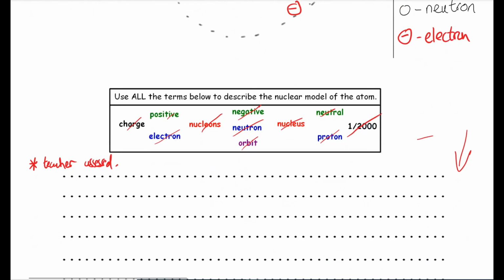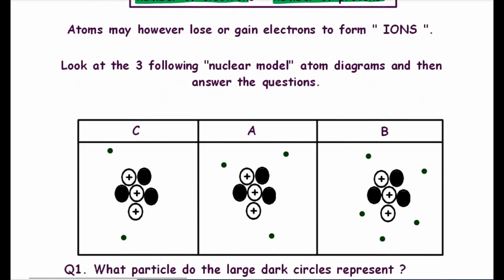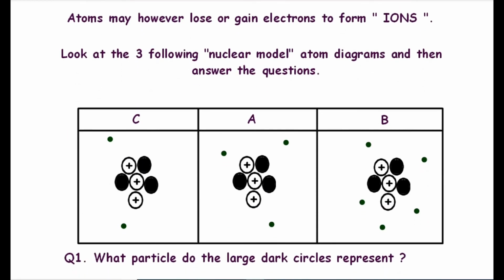So that atom would have a positive charge on it. Now we would call that an ion. If an atom gains or loses electrons, it becomes an ion. If it gains an electron, it becomes a negative ion. If it loses an electron, it becomes a positive ion.